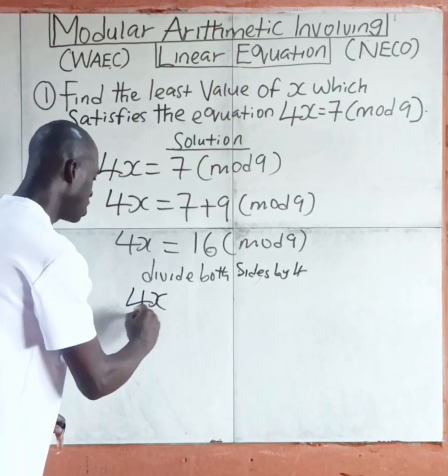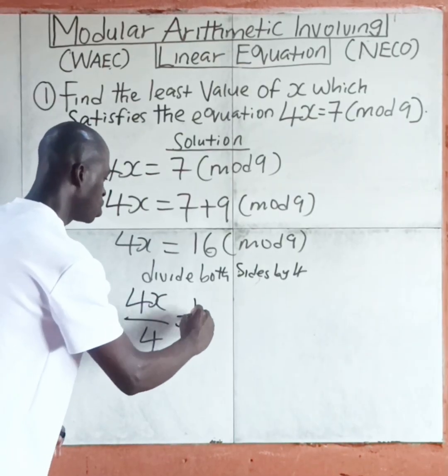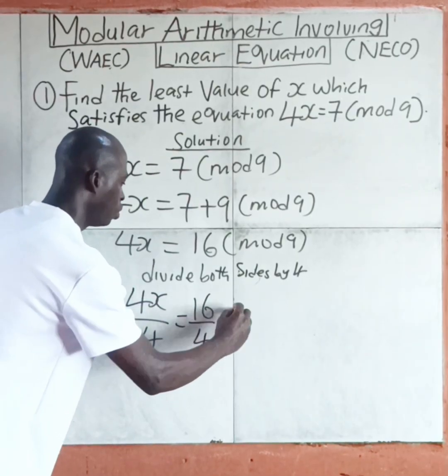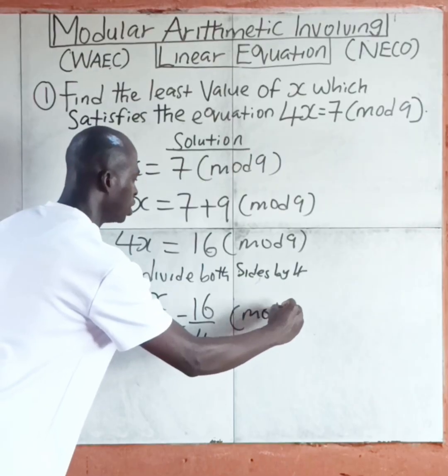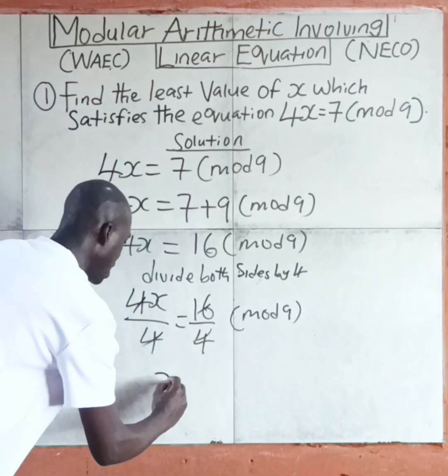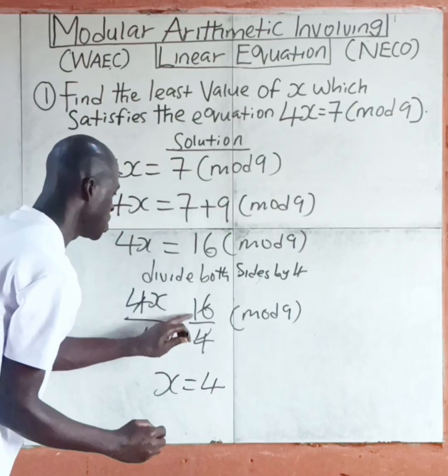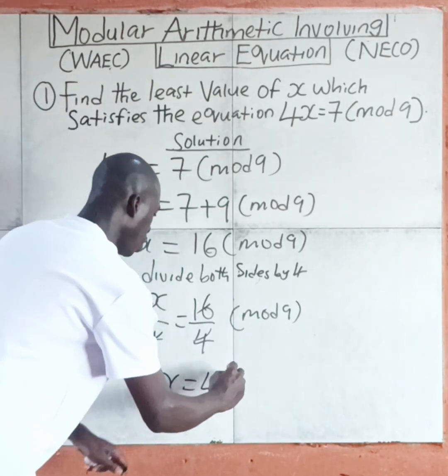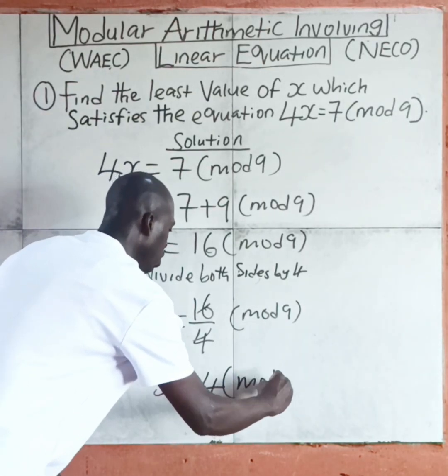So it becomes 4x divided by 4 equal to 16 divided by 4 mod 9. Therefore, our final answer becomes x is equal to 4, since 4 goes into 16 four times, giving 4 mod 9.